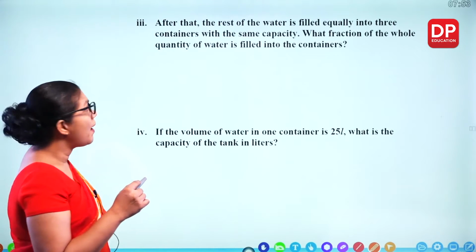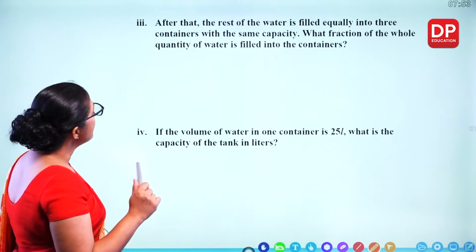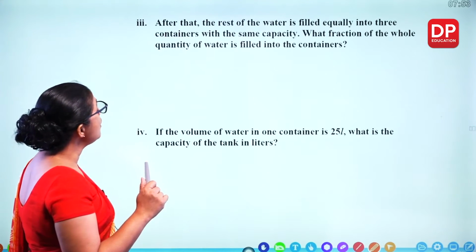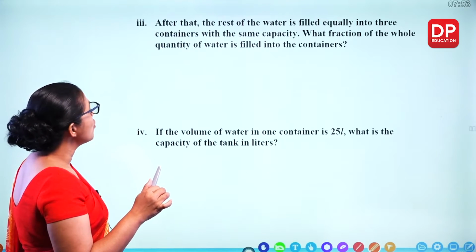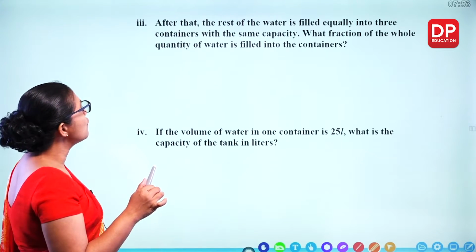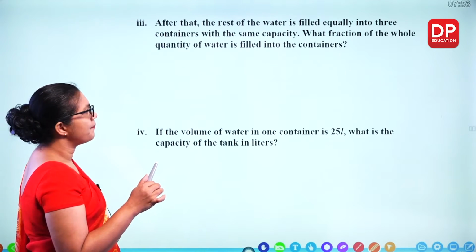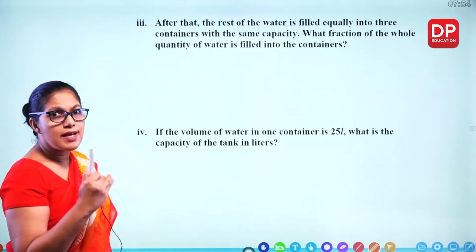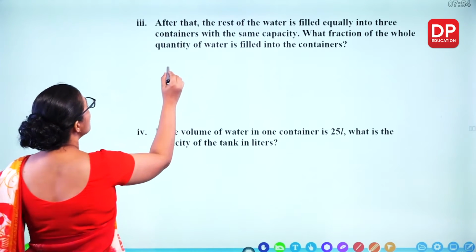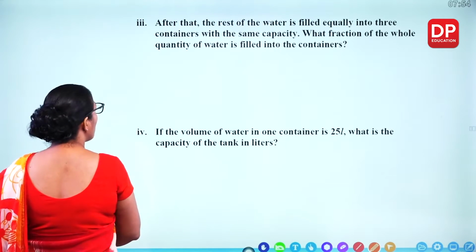Now look at the third part. After that, the rest of the water is filled equally into 3 containers with the same capacity. What fraction of the whole quantity of water is filled into the containers? Now we need to find out the remaining amount of water.